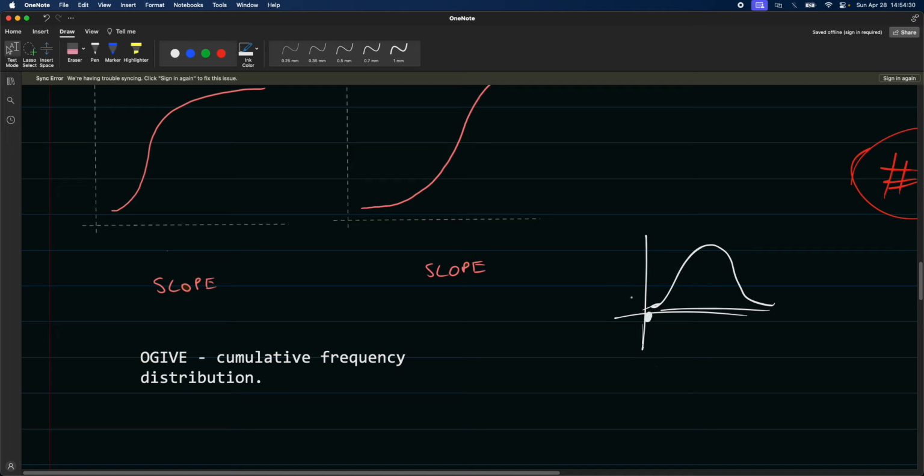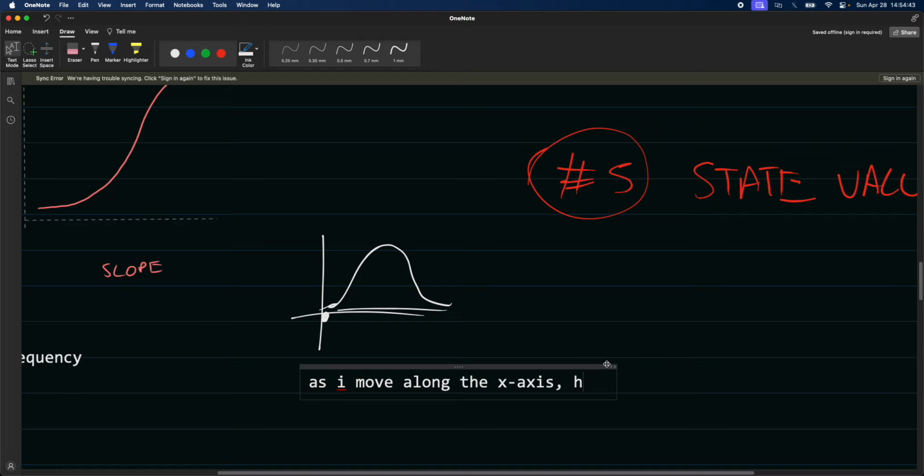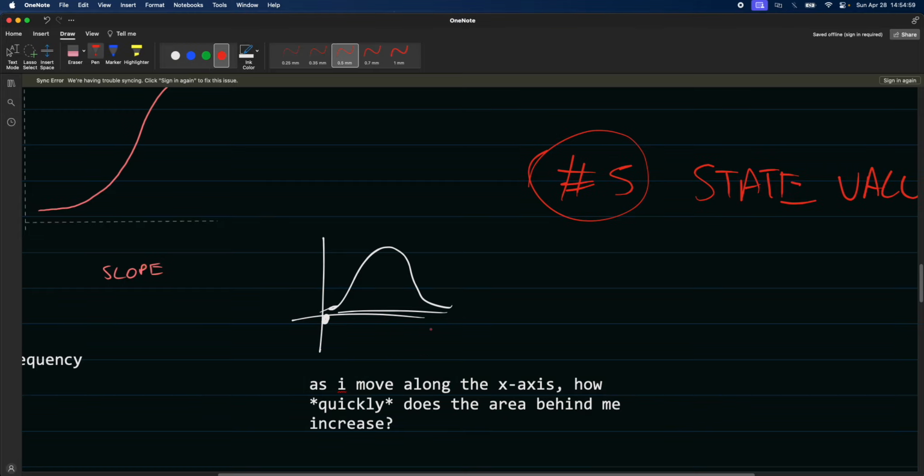The question you're going to ask yourself is, as I move along the x-axis, how quickly does the area behind me increase? Okay, so let's take a look at what that means.